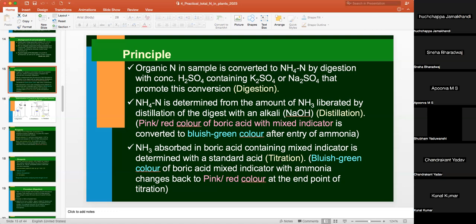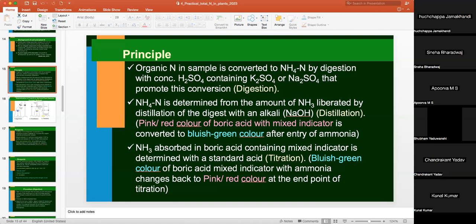You can have 0.1 normal sulfuric acid in the burette, and do the titration with the boric acid containing mixed indicator. And then you can note down the reading of the sulfuric acid. And at the end point, the pink or red color will reappear.